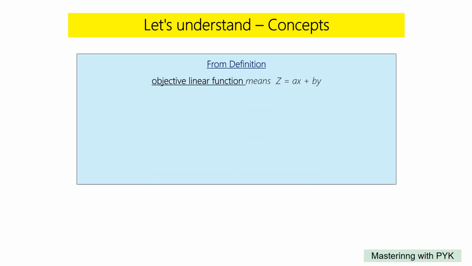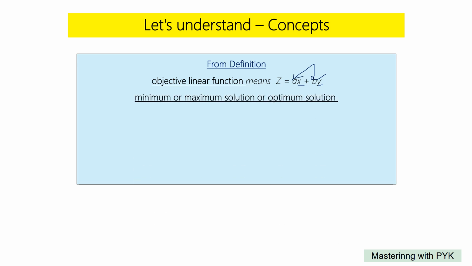From the definition, the objective linear function is denoted as Z, where Z = ax + by, where x and y are my variables, and a and b are the quantities which we have to find out.